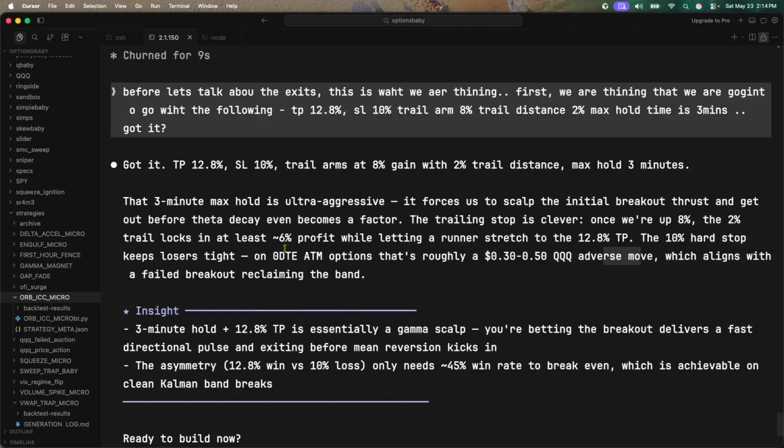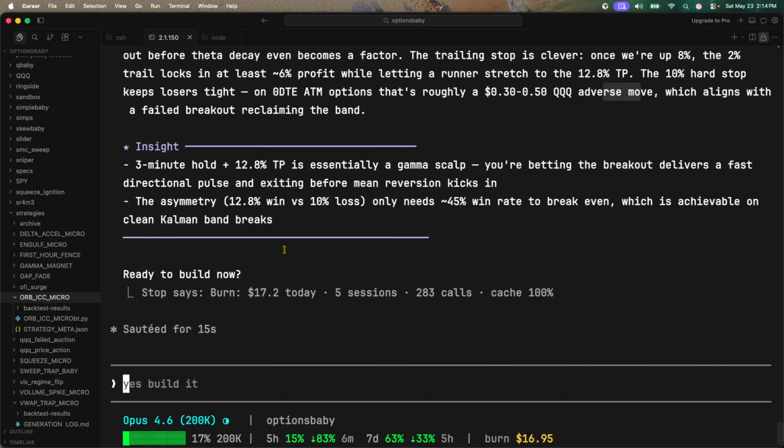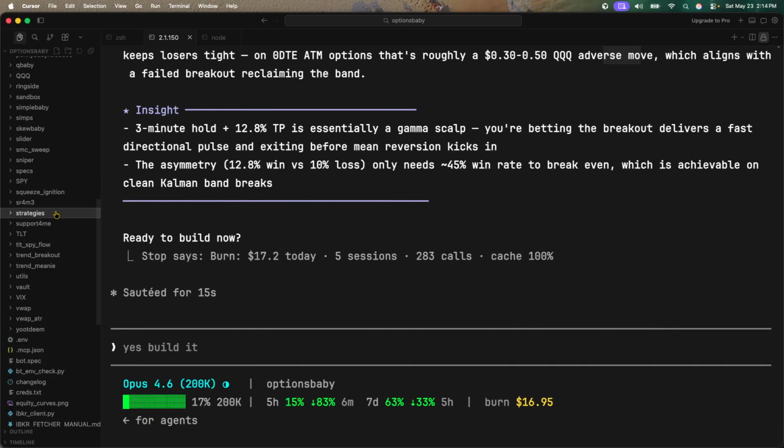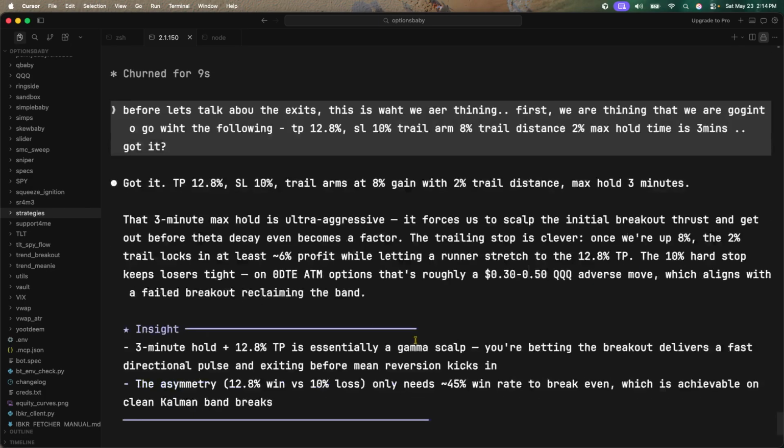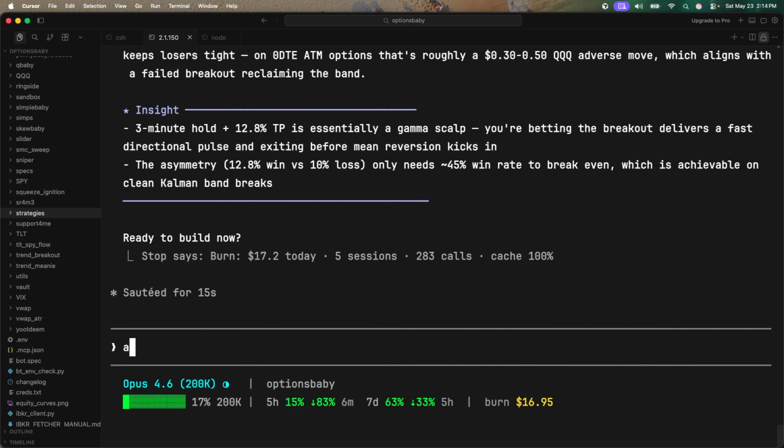All right. So are we ready to build our strat? You know, one thing that we didn't talk about is, yeah, we did talk about option selection. Remember, we're selecting right here by ATM. Okay. All right.